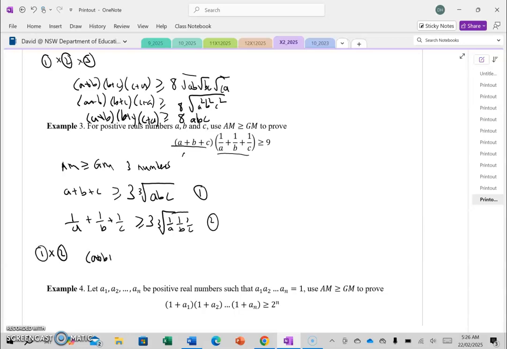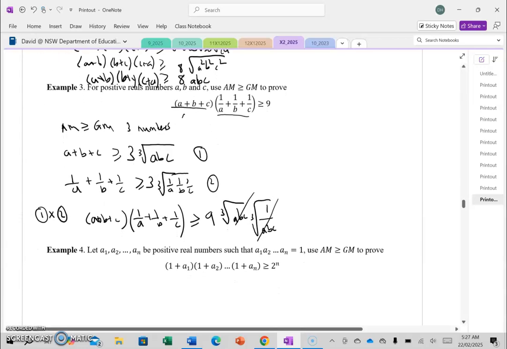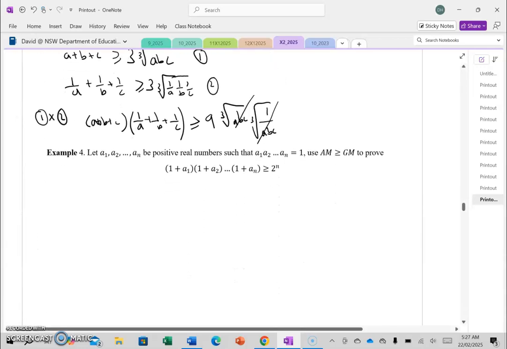We've got A plus B plus C times 1 on A plus 1 on B plus 1 on C. That's the left hand side, greater than or equal to 3 times 3, which is 9, times the cube root of ABC times the cube root of 1 on ABC, and then that cancels with that. We get the required result. I would rewrite the required result, but I'm going to move on for time's sake.